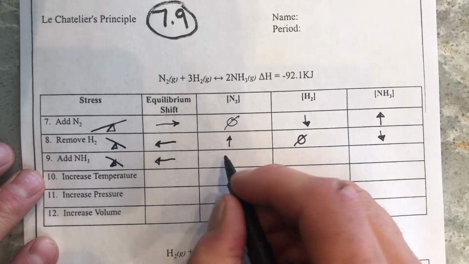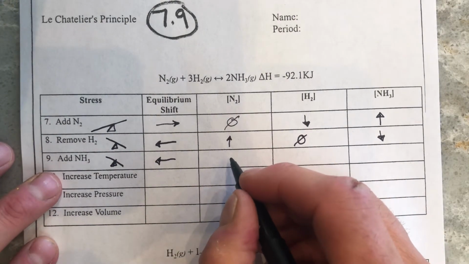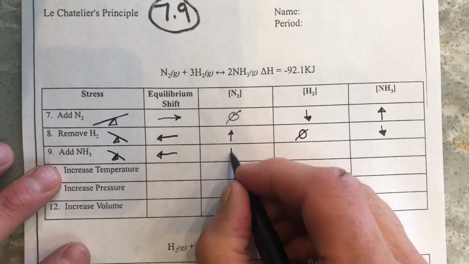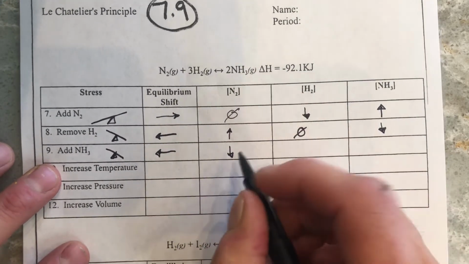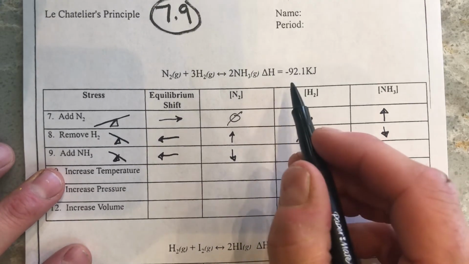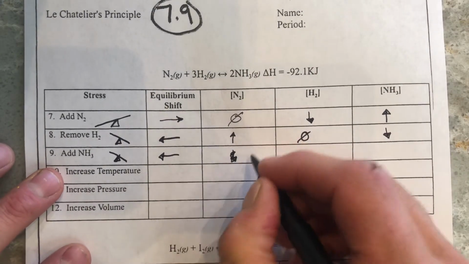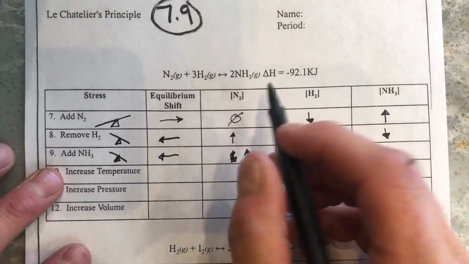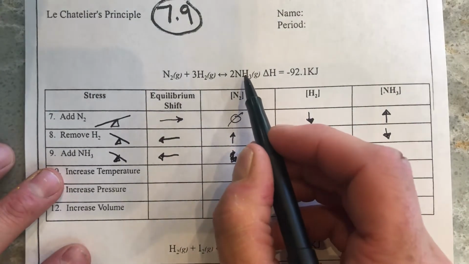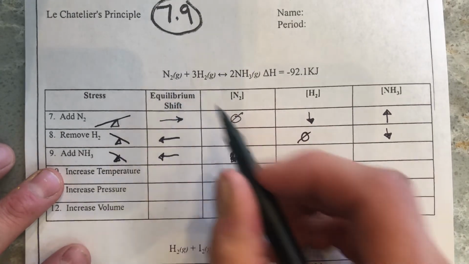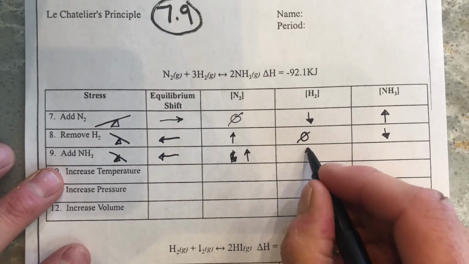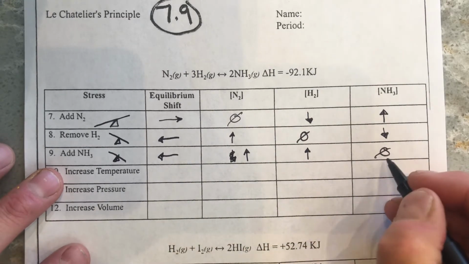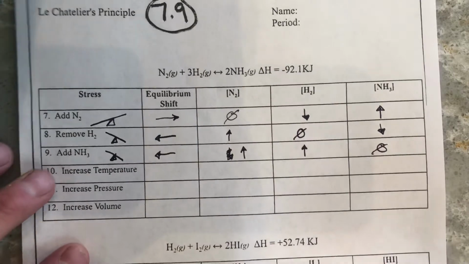That means that our amount of nitrogen is going to go up as the product starts turning back into its reactants, and that's the same for hydrogen. And ammonia, we're just going to treat the same as we treated hydrogen and nitrogen up here.